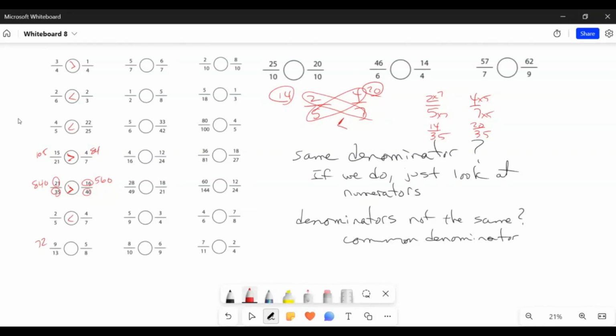And when we multiply 13 times 5, we get 65. 72 is bigger, so 9/13 is larger.